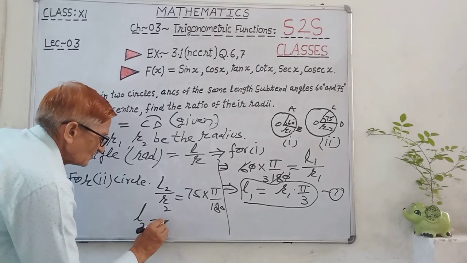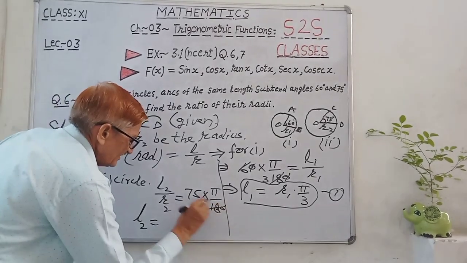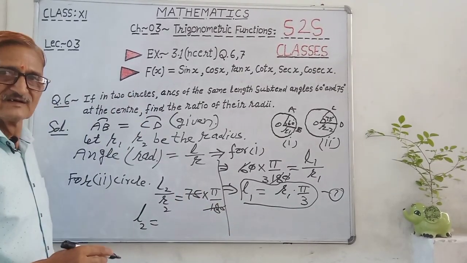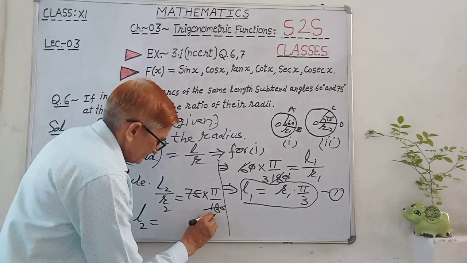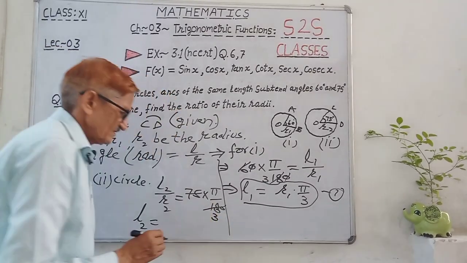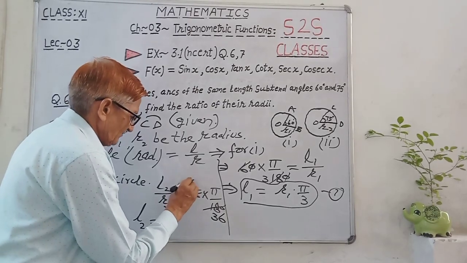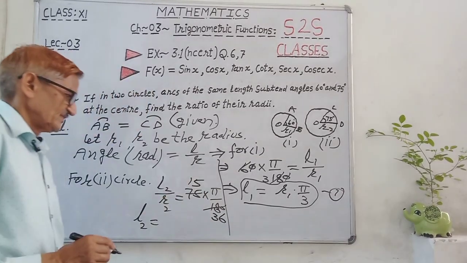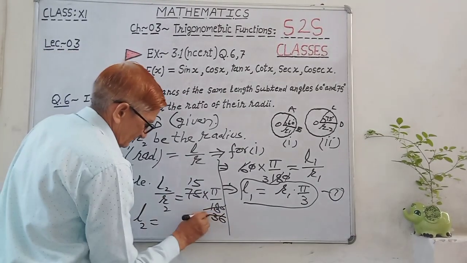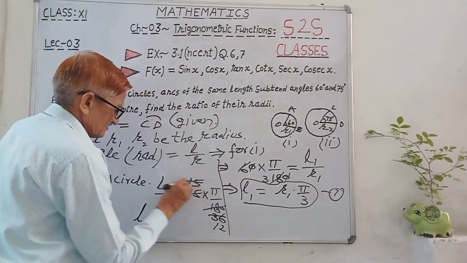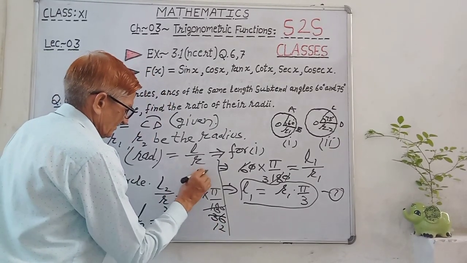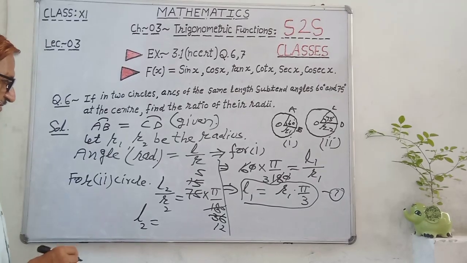L2 is equal to, simplify, okay, 5 3s are 15, 5 6s are 30, 5 5s are 25, 3 1s are 3, 3 2s are 6, 3 5s are 15, okay, 5 pi by 12.